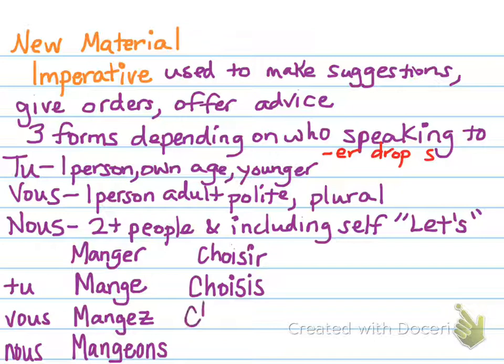For vous, CHOIS, and then I add my ISSEZ. And for nous, CHOIS, ISSONS. Okay, so there's an example of an IR verb. So we have choisis, choisissez, choisissons.